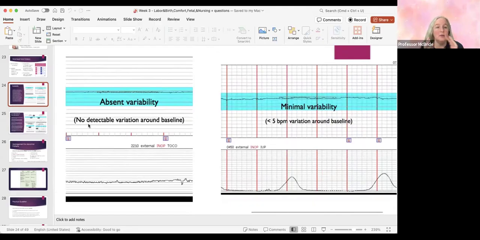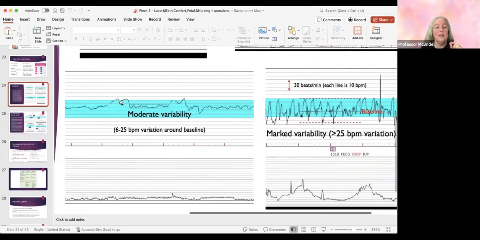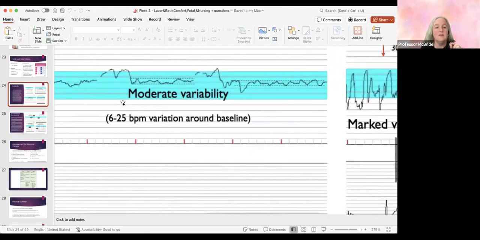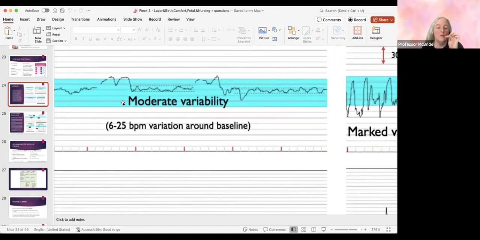It's the give and take of the sympathetic and the parasympathetic nervous system, okay? And only oxygenated babies do this well. And so the way they do it well is with moderate variability. This is if you have variations around the baseline that are between 6 and 25 beats of variation. This is moderate variability. Okay.